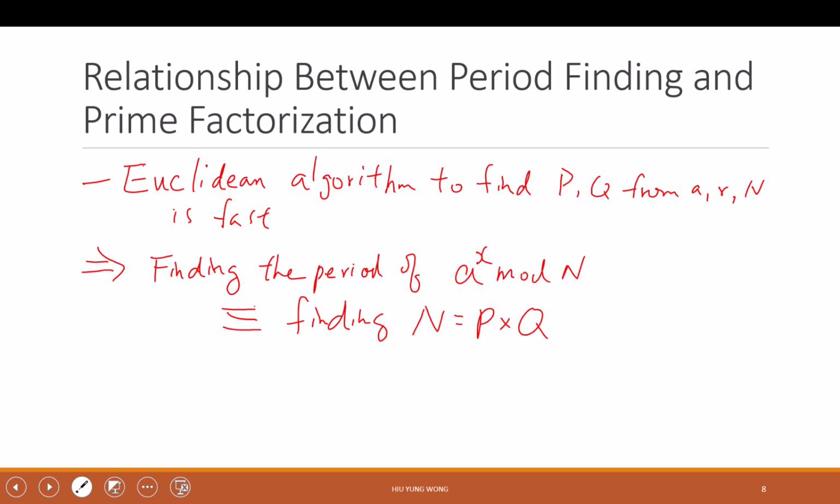Because with the period of this function, I can find P and Q easily using the GCD. Okay? So that is the summary of the background.